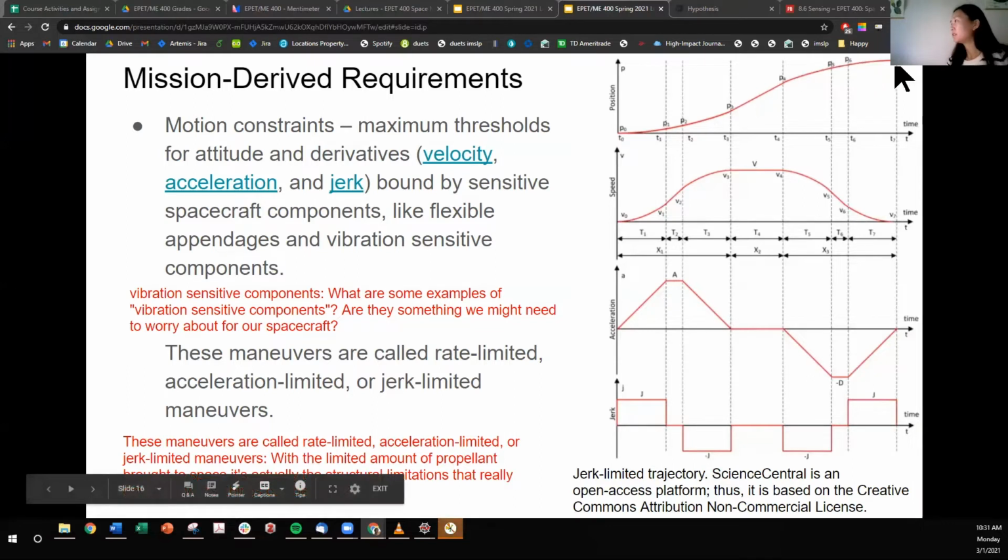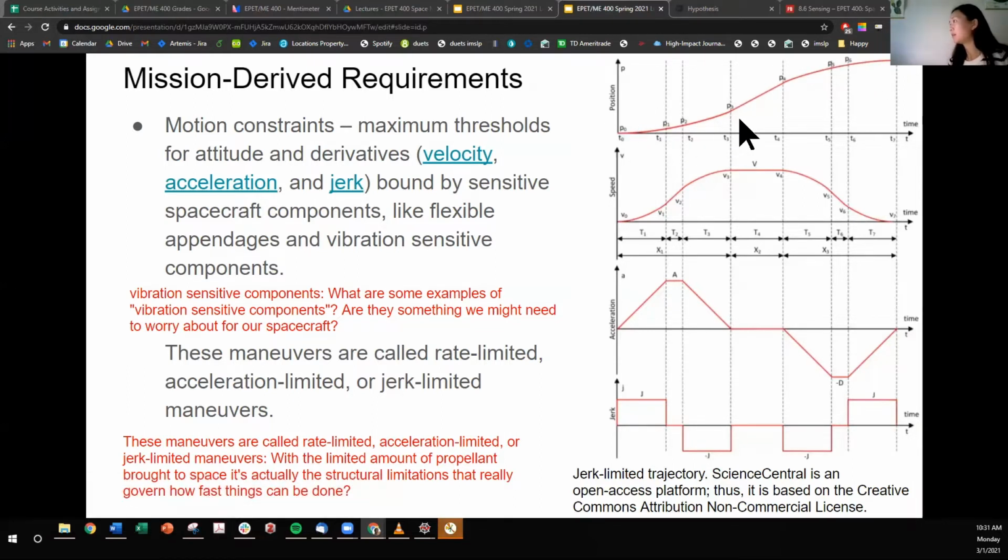Here the position is limited to below P7, where you start out from P0 and you ease into P7. Now, we can call it position or attitude, it's just a generic profile. The reason why this attitude profile looks like so is because within these regimes, the derivative profiles have been defined.